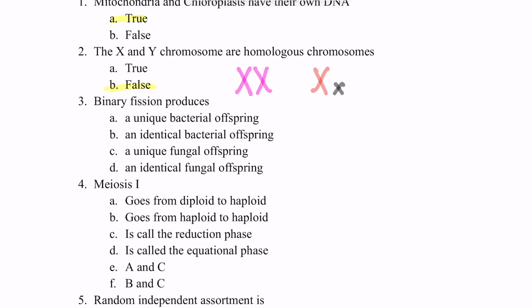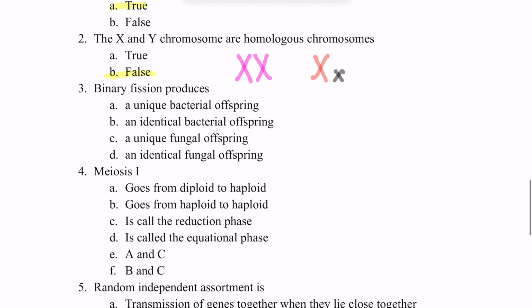In fact, it's getting even smaller. It's shrinking. So X and Y are not homologous chromosomes, and later we'll see that there's a dosage compensation that happens with females, because females will have too much genetic material as opposed to males.